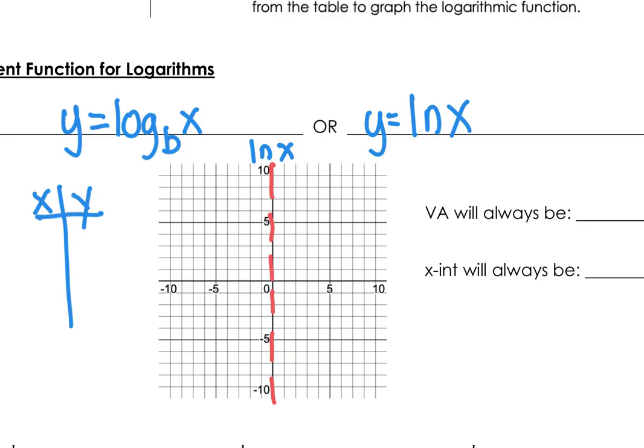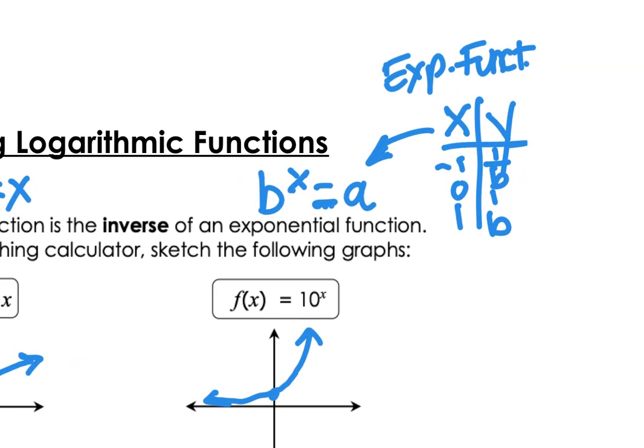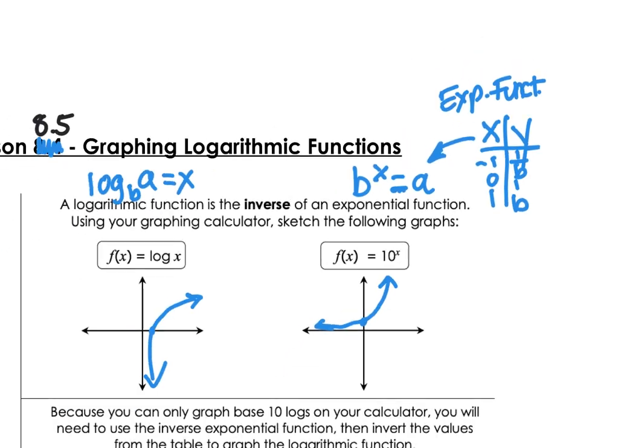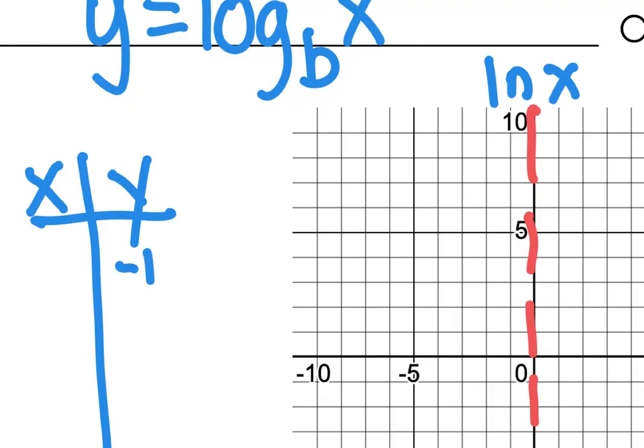Again, we're going to do the inverse of our exponential function here. So instead of our x's being -1, 0, 1, we will make our y's -1, 0, 1. So let's write that down, -1, 0, 1. And our x's will now be 1 over b, 1, and b.